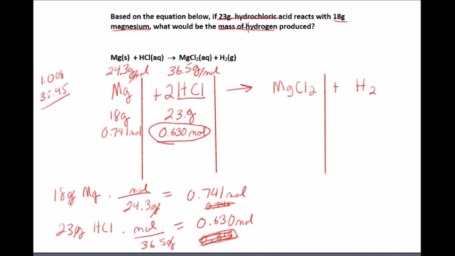So, the question was mass of hydrogen. So we take our moles of our limiting reactant. All right, and this is HCl, let's write that there for clarity. Okay, so I have 1 hydrogen for every 2 HCl, and so that equals 0.315 moles of hydrogen.